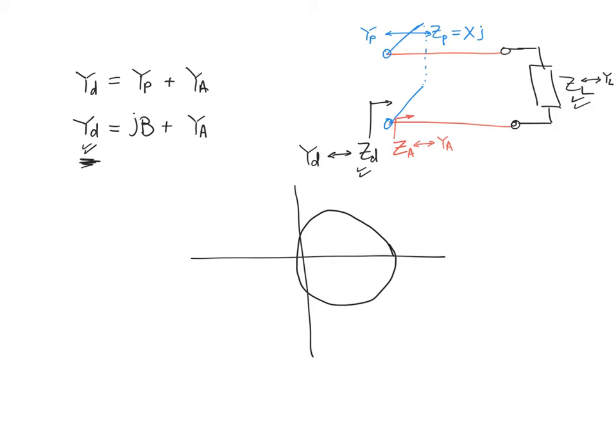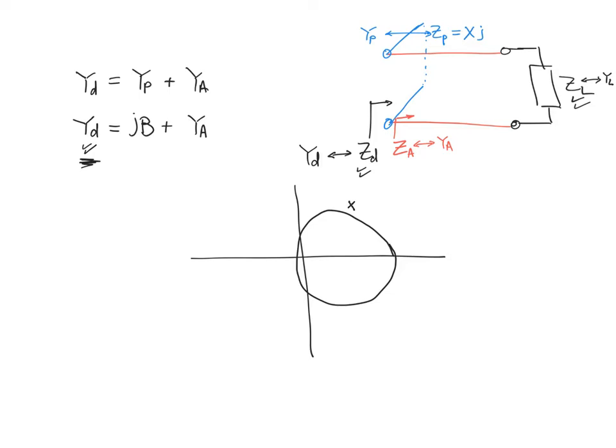So both ZL and ZA belong to the same circle centered around the origin because they correspond to movement on a single transmission line, right? So this means that if I know ZL, I'm going to simply plot ZL wherever it belongs, right? So let's say, for example, my ZL belongs to this point.